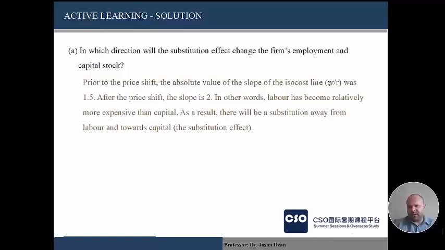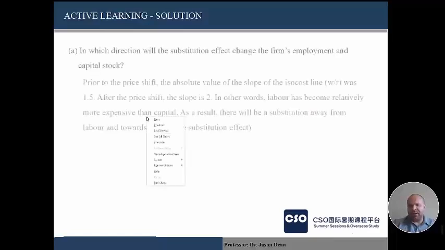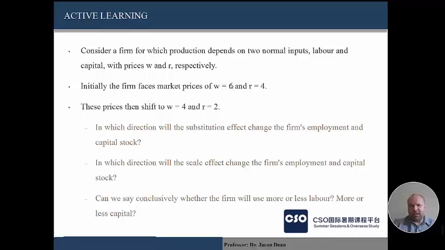So the slope of the isocost line, the absolute value, which is W over R, was 1.5 before, when we had the initial prices of 6 and 4. So here we had 6 divided by 4. Now we have 4 divided by 2.